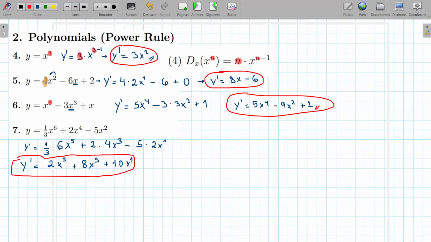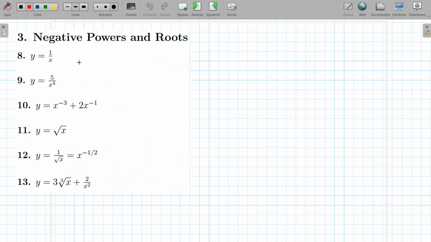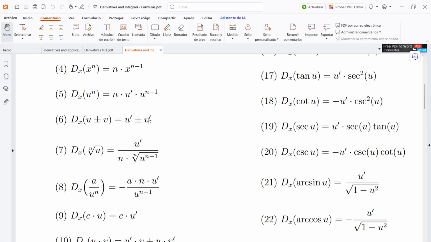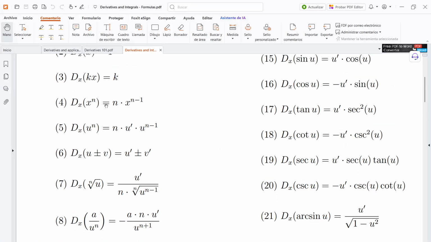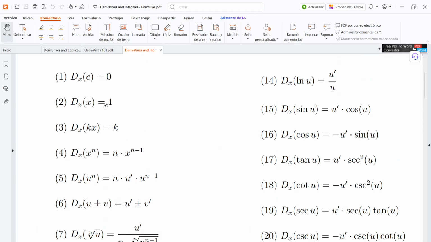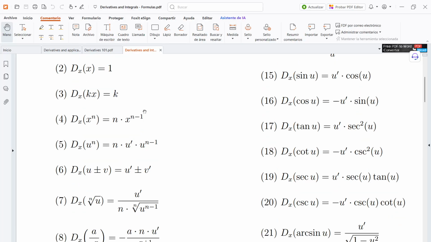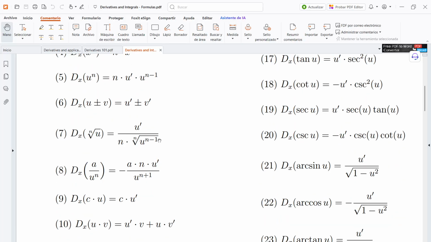Let's continue. Now, for these exercises, I want you to check that I include in the formulas this type of exercises, but there is more than one way to do it. For example, here, when I want to do the derivative, I put one formula, which is, in fact, this one.